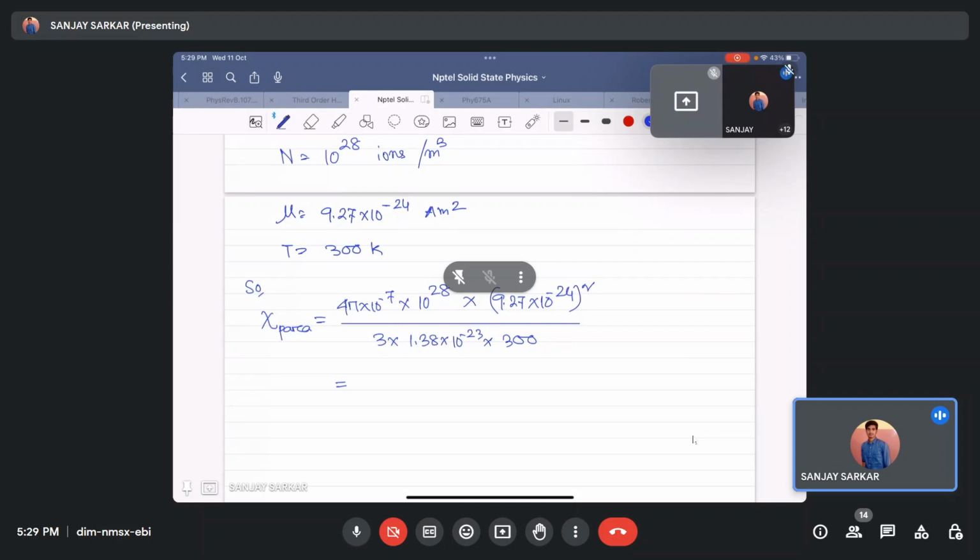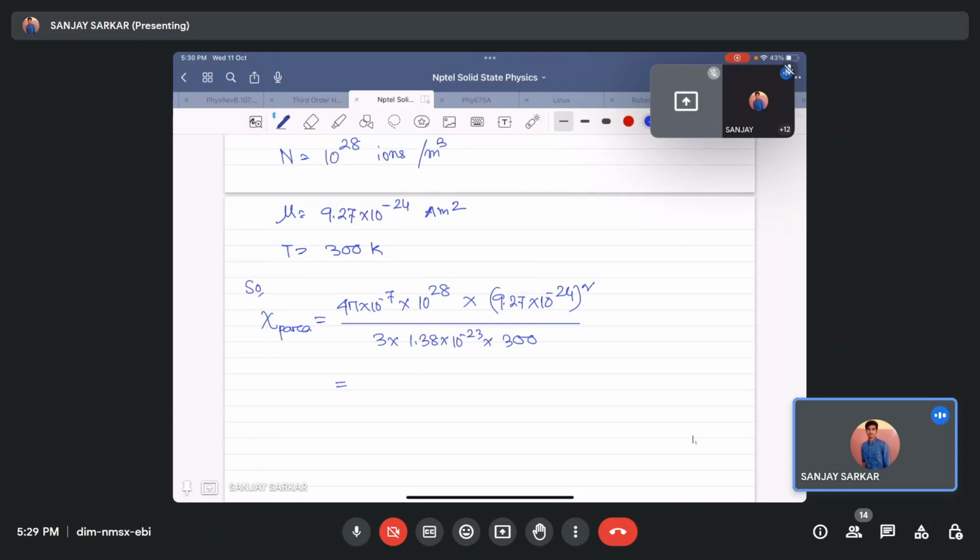So it is 4 into 3.142 into 9.27 square divided by 3 into 1.38 into 300.